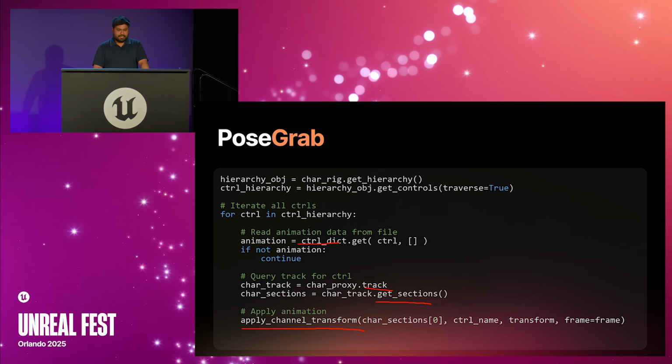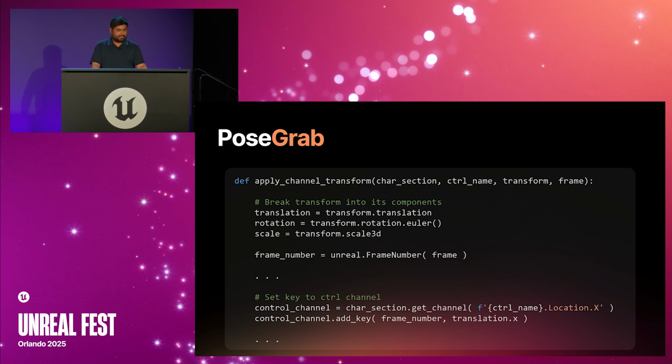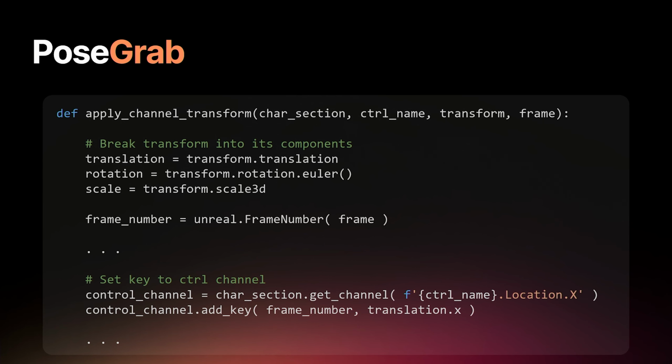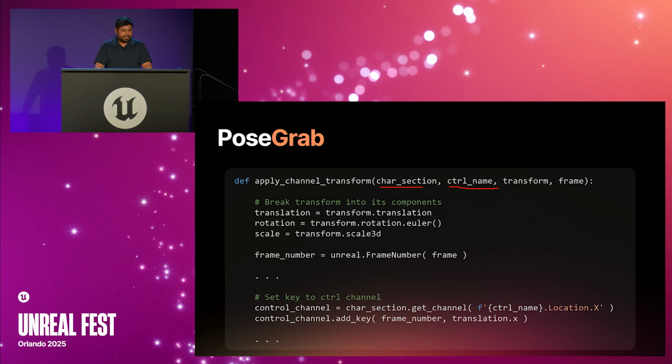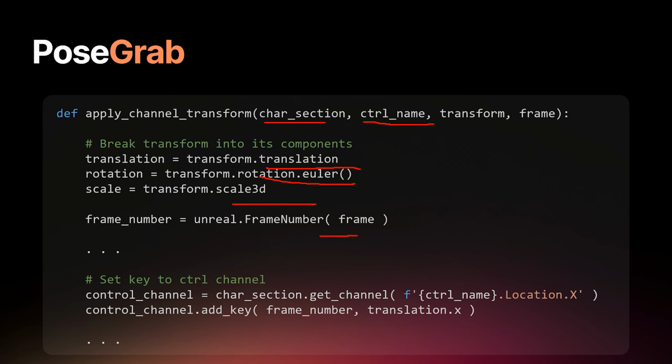So if I have all of the animation already in a JSON, I can apply the transformation that I saved into each of the sections in the sequencer, something like this. I have a control name, I have the section of the control, and I can apply just the transformation that I want. I can get the translation, the rotation, and the scale into that specific frame number. In that way, I can bring the animation from the JSON file into here.